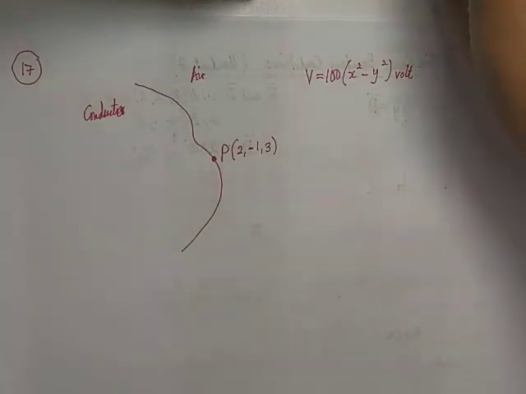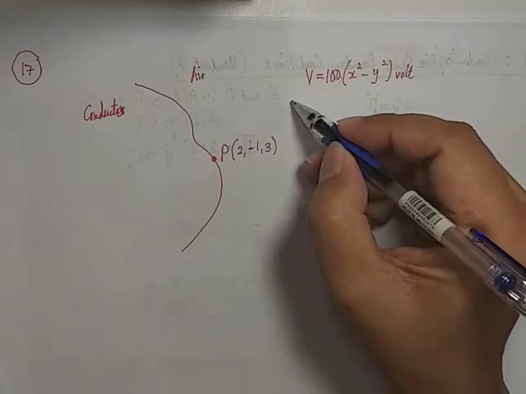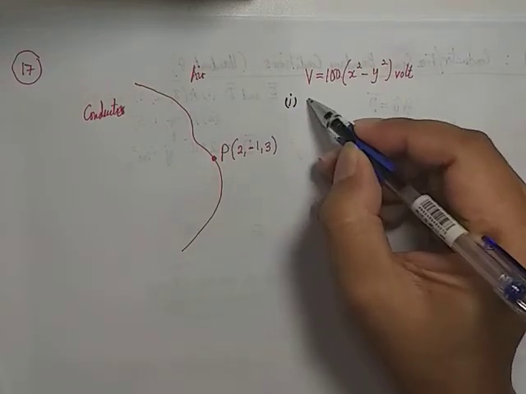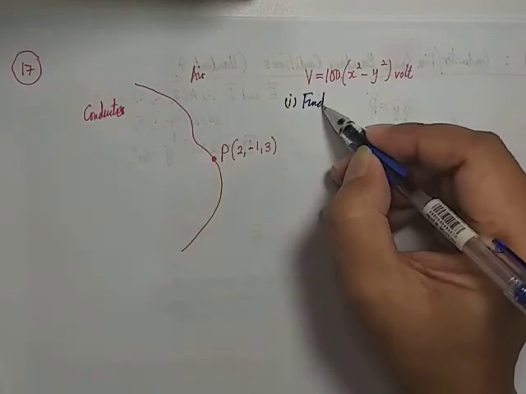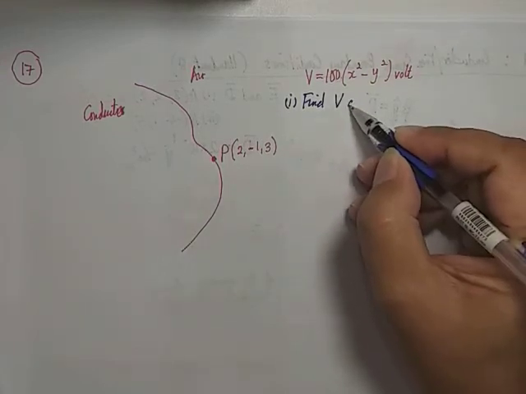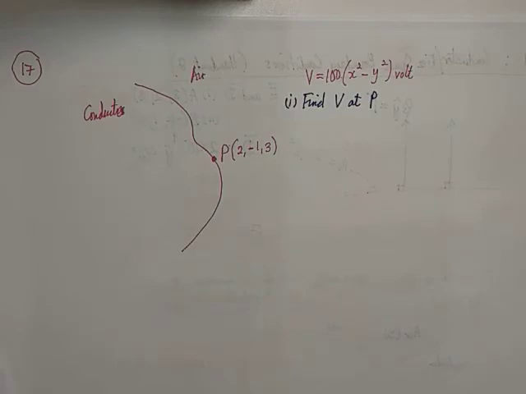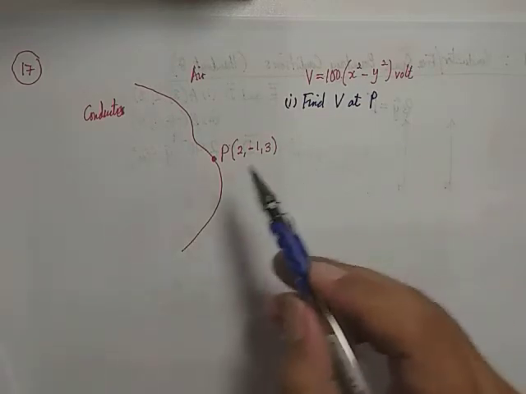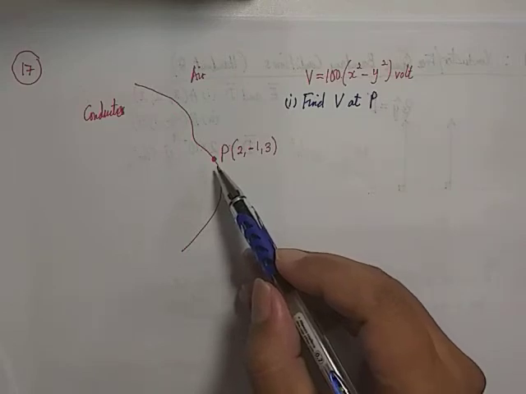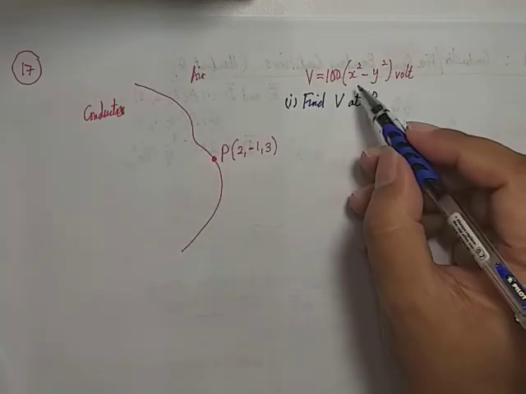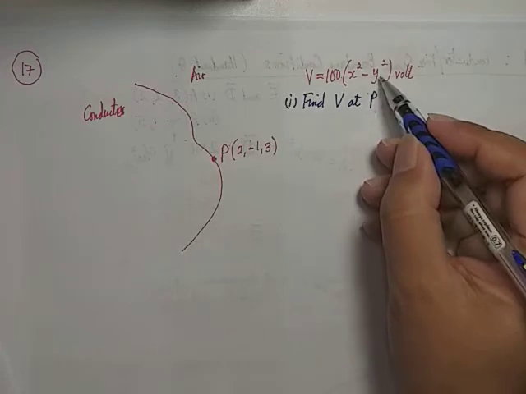Now, first, the question asks us to find V at P. That should be the first thing asked by the question. It's very simple. What should be the potential at point P? We just substitute x with 2 and y with negative 1.